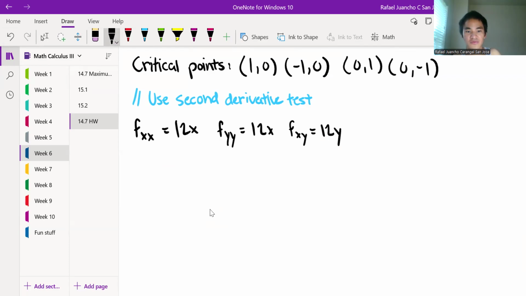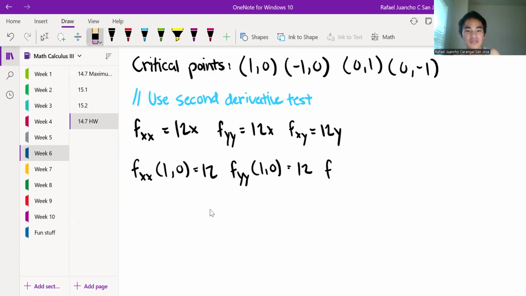So in this case, I can do it for all. So let's say for 1, 0, what is this, 12? For 1, 0 of my fyy, also 12. Or no, anything with fxx and fyy should just be the same, right?